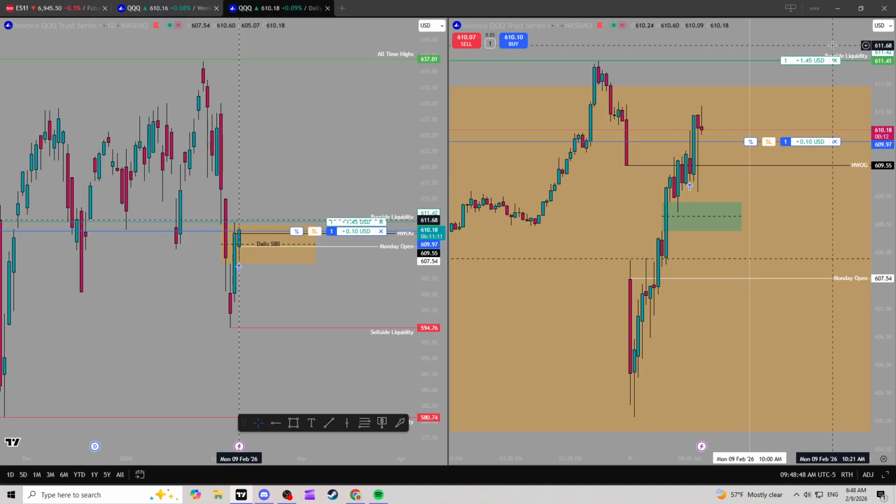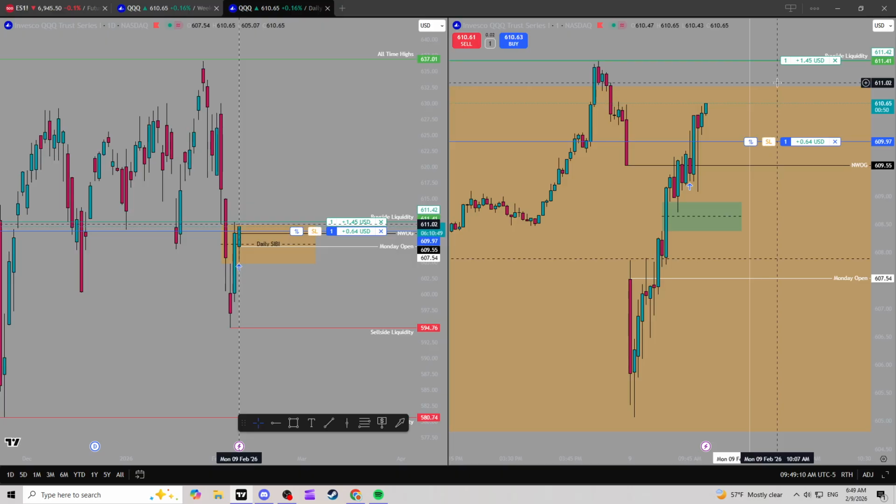I'm hoping to get 50 from it, so I'm gonna put my take profit at 156. With the volatility that is going for, I think that's a reasonable price. And then I'll actually put it at 157 just to cover the commission.